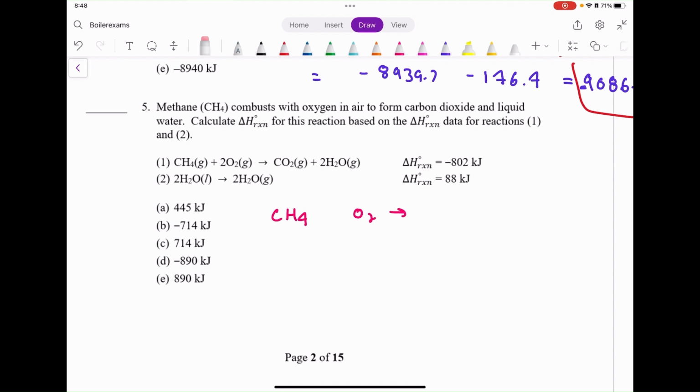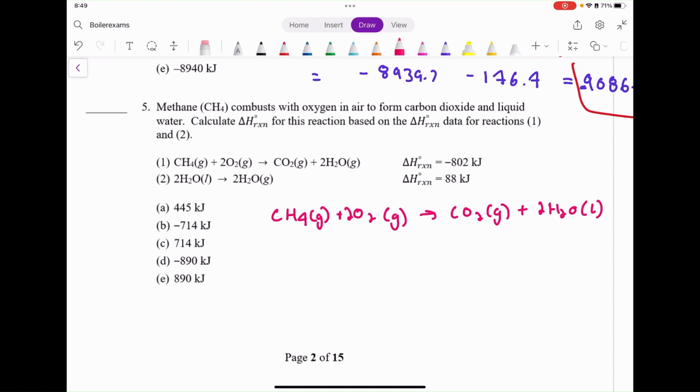Actually, let me write the phase too. It's also gas. And we are forming, combustion forms CO2 gas. And they tell us that water is liquid. Okay. And to balance this, 2, 2.